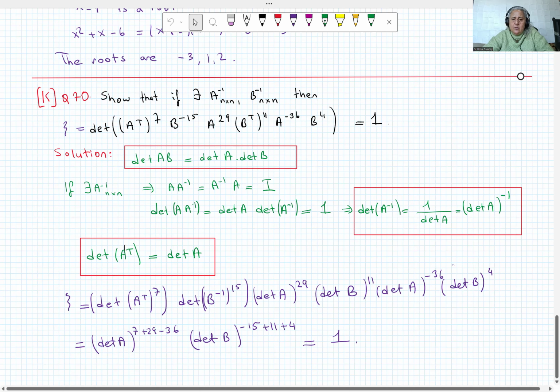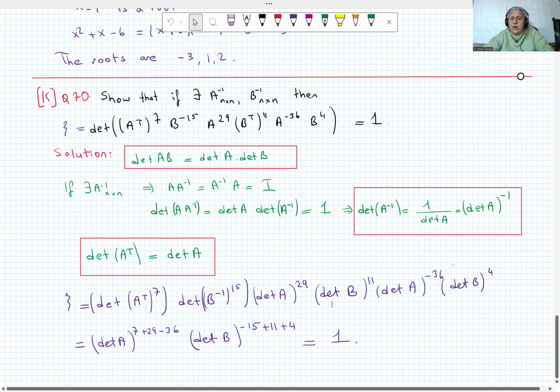So the determinant of A transpose to the 7, that one, B inverse to the 15, that one, A to the 29, B to the 11, B transpose is equal to B, that one. So determinant A to the minus 36, this one, determinant B to the 4 is this one.